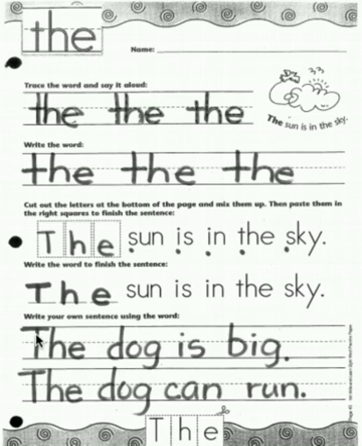And I'll read them for you. The dog is big. And there's my period. You can copy my sentence. Our next sentence is the dog can run.